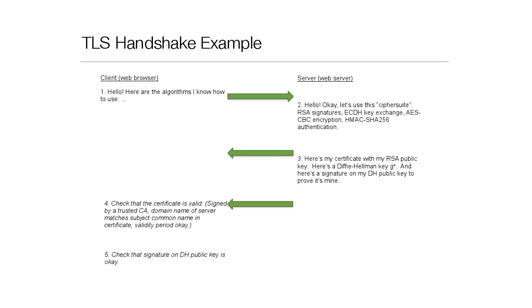The certificate is what I have shown you. Here's a Diffie-Hellman key exchange g^x, and here's a signature on my Diffie-Hellman public key to prove it's mine. So the server shows the certificate, the client can verify that certificate, and the server also provides the Diffie-Hellman public key part.